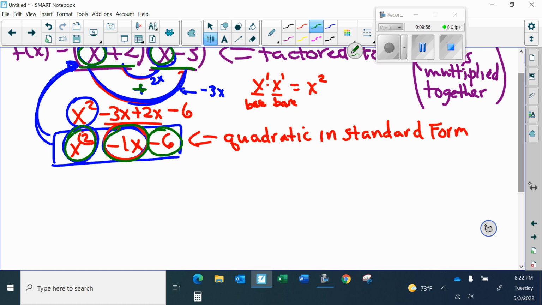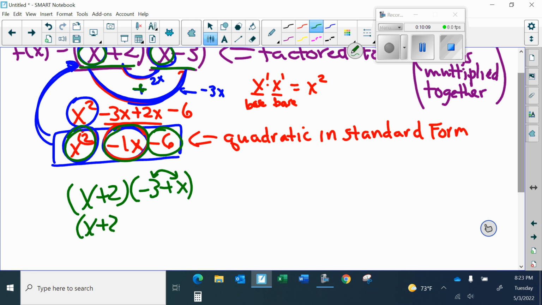So let's say they gave me x plus 2 times negative 3 plus x. I'm going to go ahead, from the commutative property of addition, and switch those two. So I'm going to do x plus 2 times x minus 3. Notice the signs are the same. The x is a positive 1. Here it's still positive 1. It's negative 3 there. It's negative 3 here.